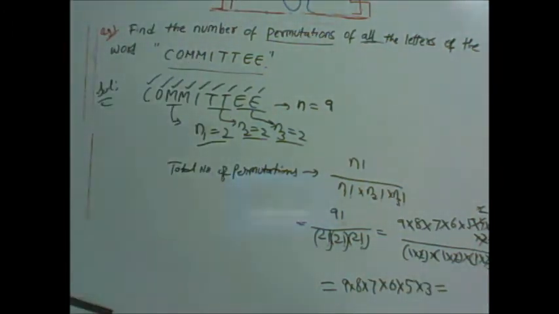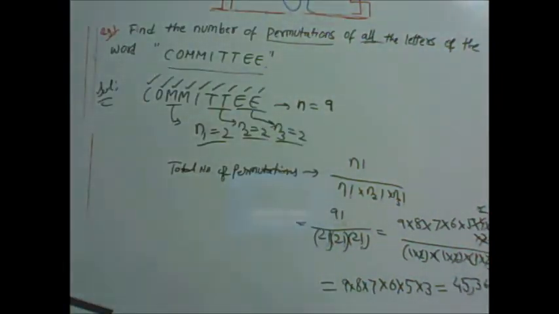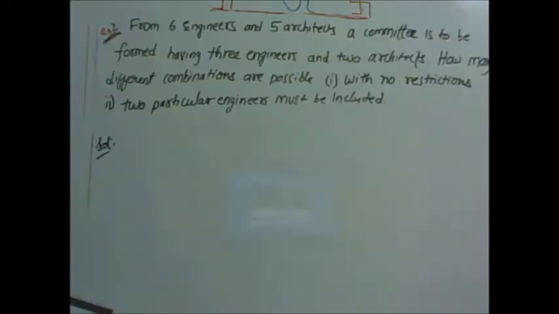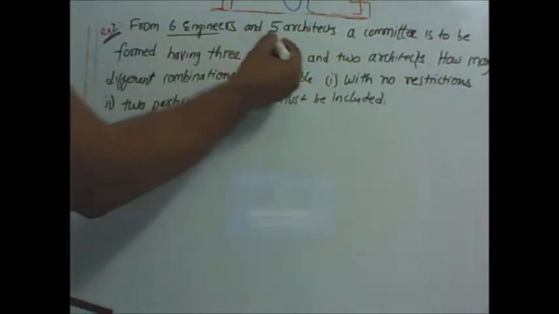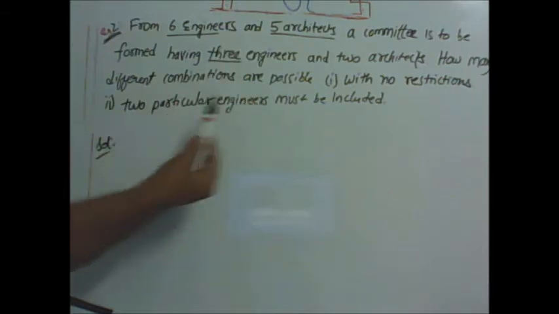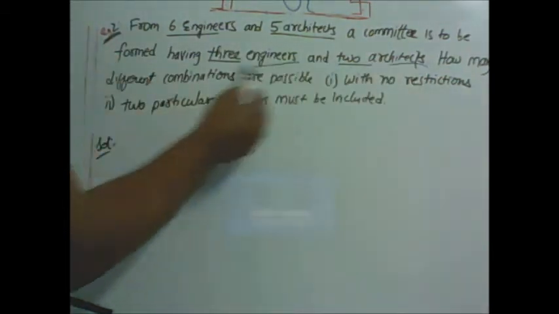So going to the next example. Now the second example given is: from 6 engineers and 5 architects, a committee is to be formed, a group having 3 engineers and 2 architects.